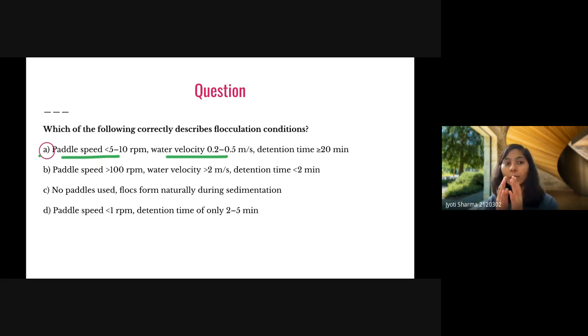We don't want to break them down, so the water velocity should be very low, and we are giving more time so that flocks can be formed. So here we are giving more than 20 minutes for the flock formation, and that comes under flocculation.